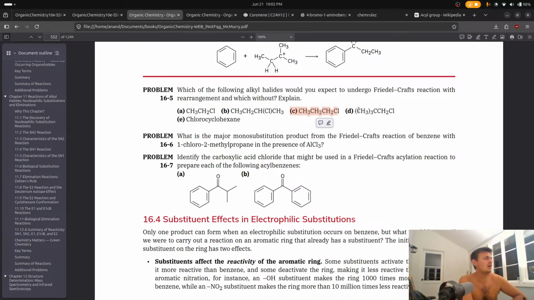What is the major monosubstitution product from the Friedel-Crafts reaction of benzene with 1-chloro-2-methylpropane in the presence of AlCl3? Okay, so here we go. So we got benzene plus 1-chloro-2-methylpropane in AlCl3.